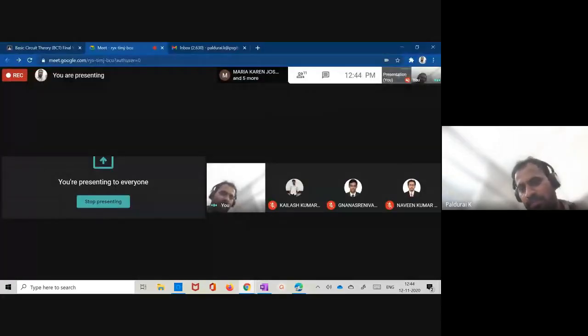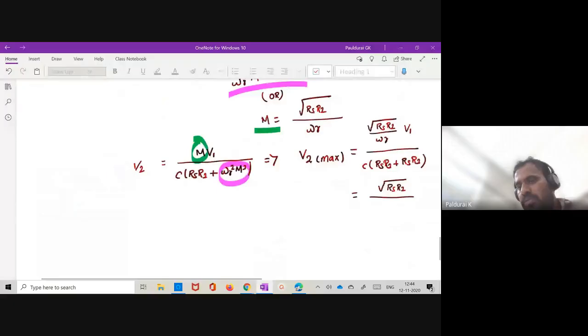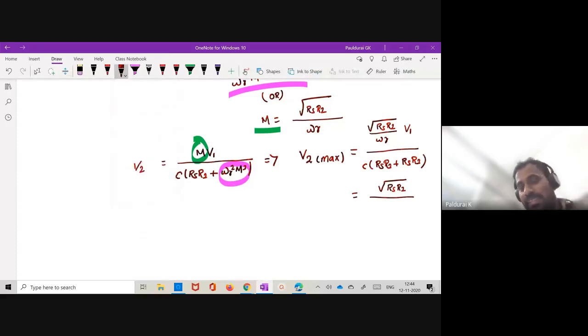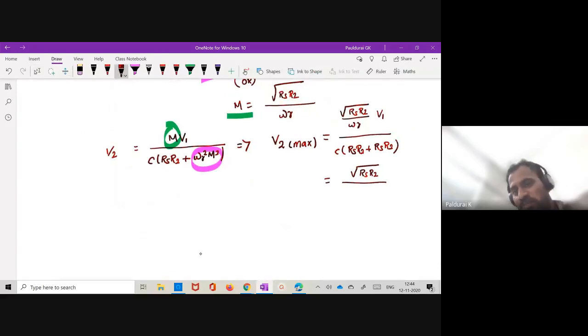Guys, are you there? So it becomes square root of Rs R2 times V1, divided by omega R, into C times 2 Rs R2. If you simplify this, you will get V1 divided by 2 times omega RC square root of Rs R2.